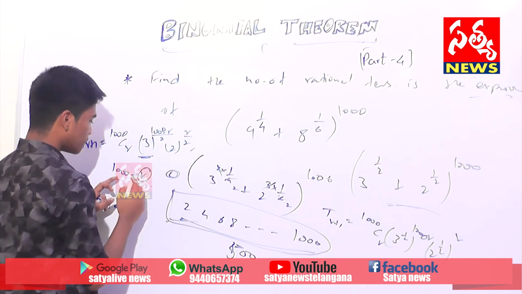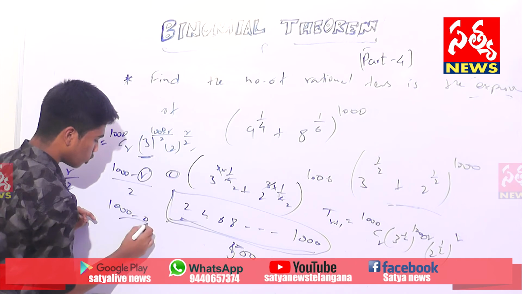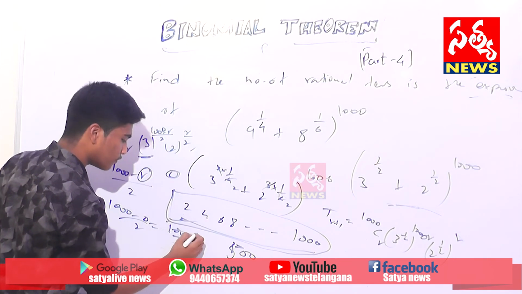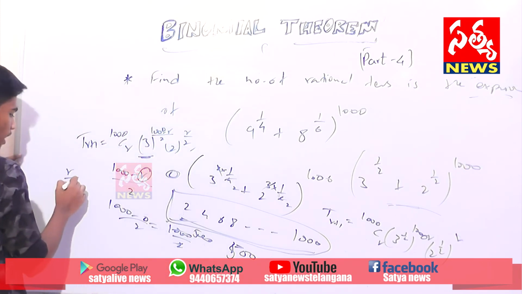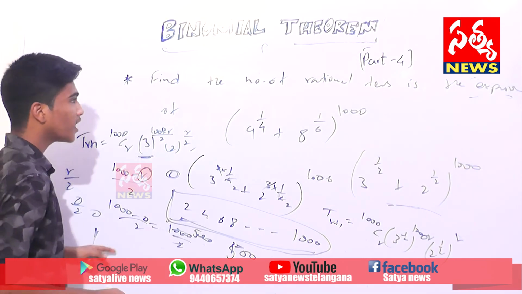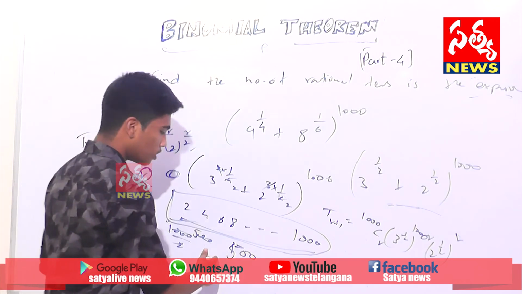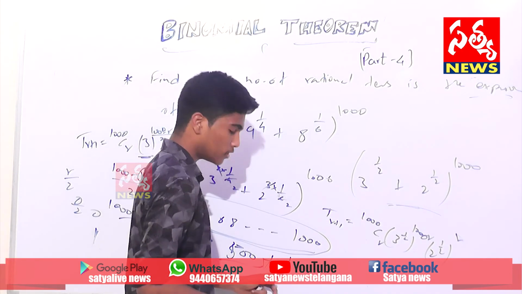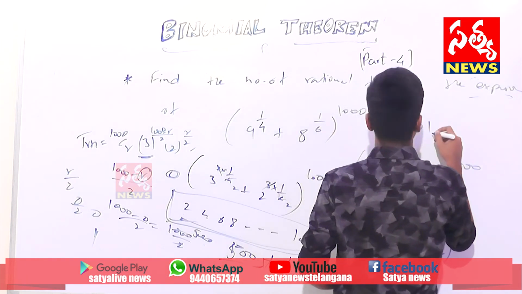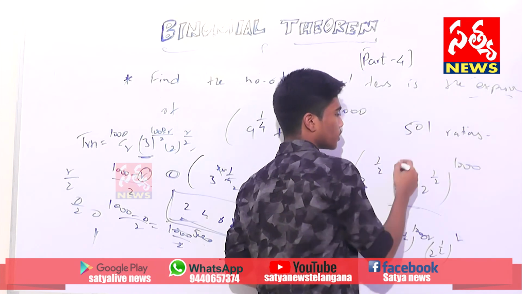See, if you put the value of r as 0, then 1000 minus 0 by 2 is also divisible by 2, 1000 by 2 is 500, and r by 2, 0 by 2, is 0. Something power 0 is 1. So we get a rational number if you put r as 0. So there are 500 plus 1 terms, the other one being r equal to 0. In total, 501 rational terms are there, and the remaining terms are irrational.